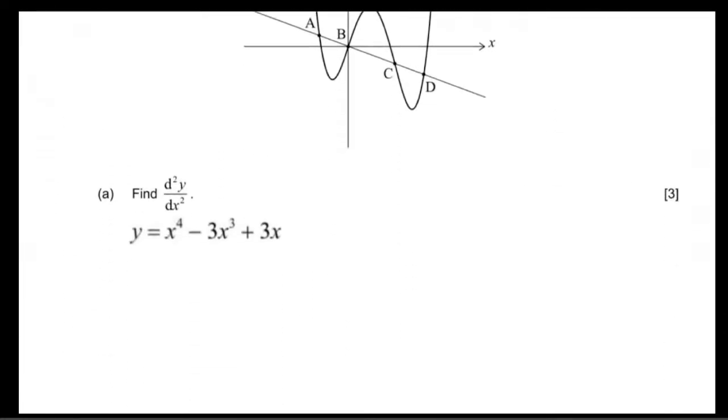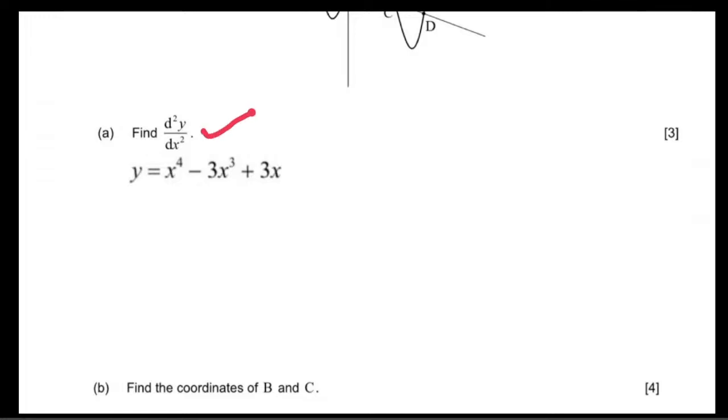I'm going to part A. It says find d2y by dx square, means second derivative of this curve we have to find. So I will differentiate one time. I will get 4x cubed because 4 comes here and minus 1 from the power, so we get 4x cubed. Then minus 3 into 3 will come here.